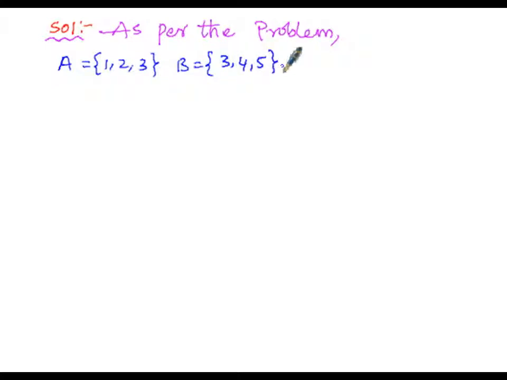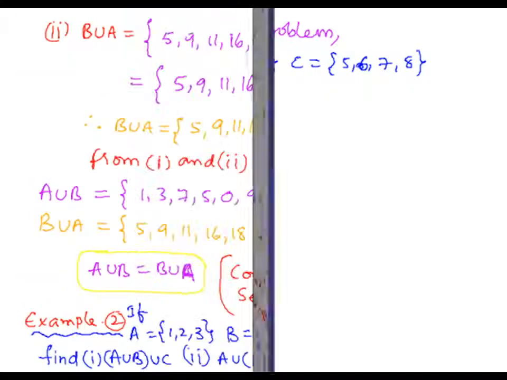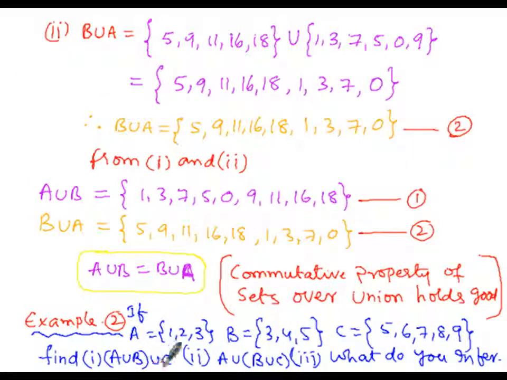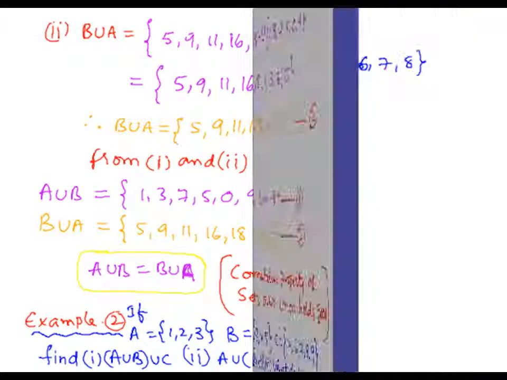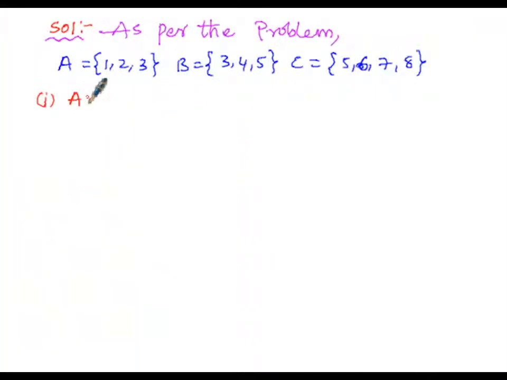Then similarly set C elements are given as 5, 6, 7, 8. So 5, 6, 7 and 8 are the elements of set C. So in the first case, I have to find out A union B union C.